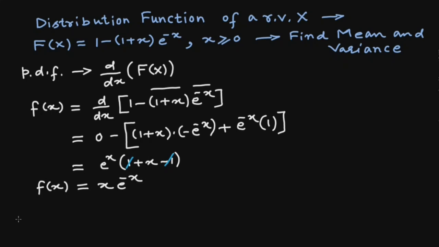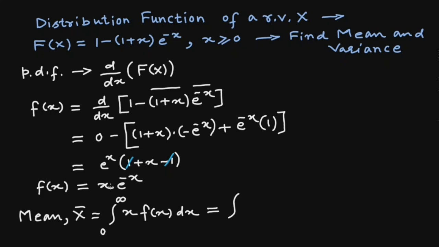Now for a continuous distribution function, the mean x bar is the integral of x into f(x) dx from 0 to infinity, which we also call the expectation of x, which will be the integral of x into x square into e raised to minus x dx from 0 to infinity. We have to solve it by integration by parts.